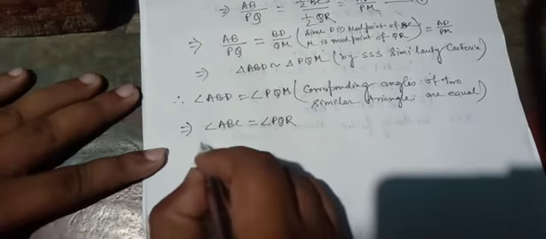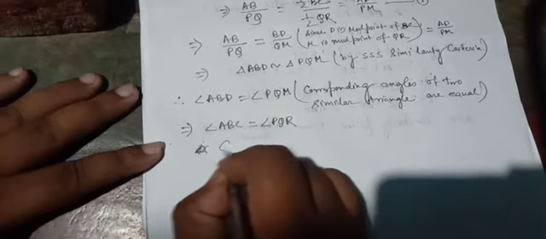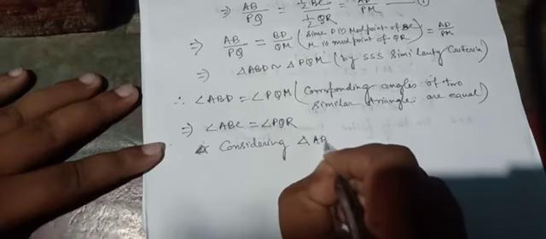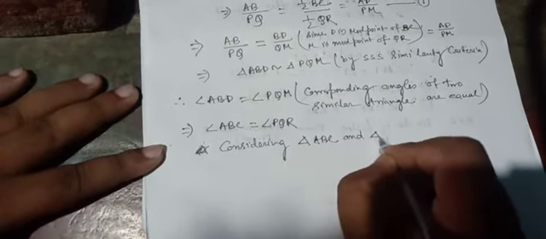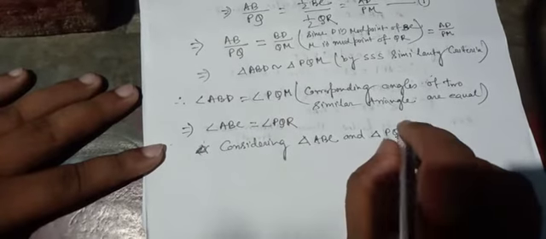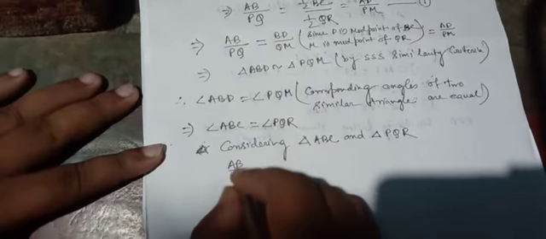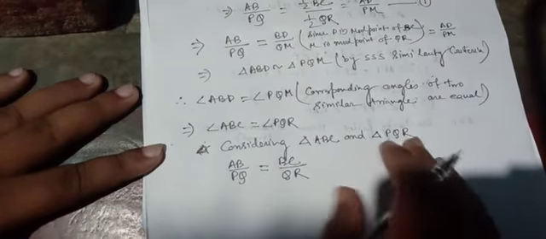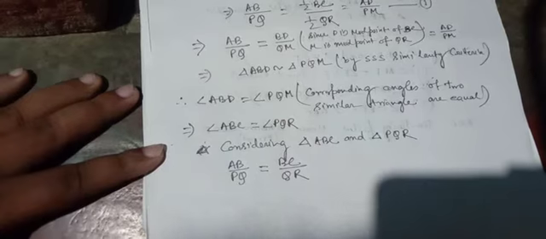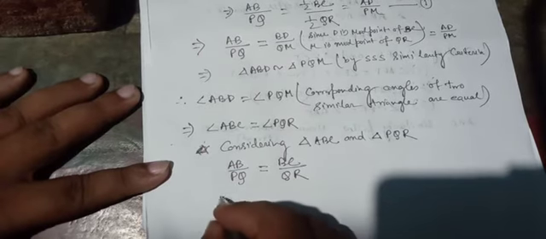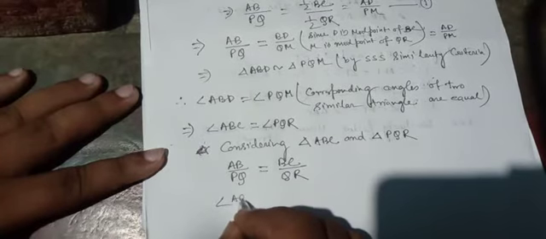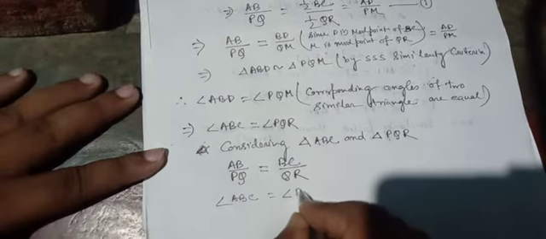Now considering triangle ABC and triangle PQR, AB by PQ equals BC by QR, and angle ABC equals angle PQR.